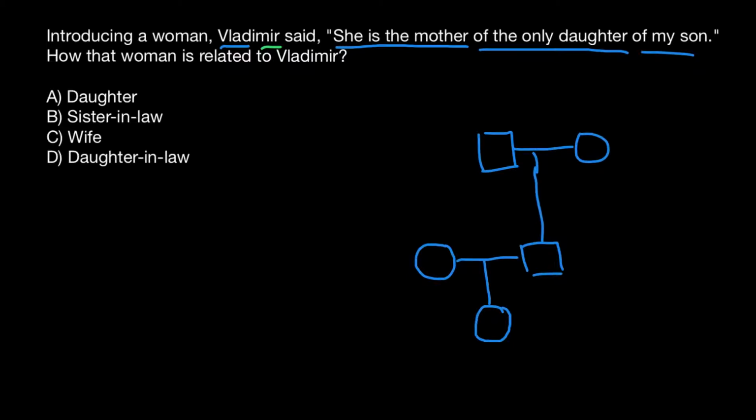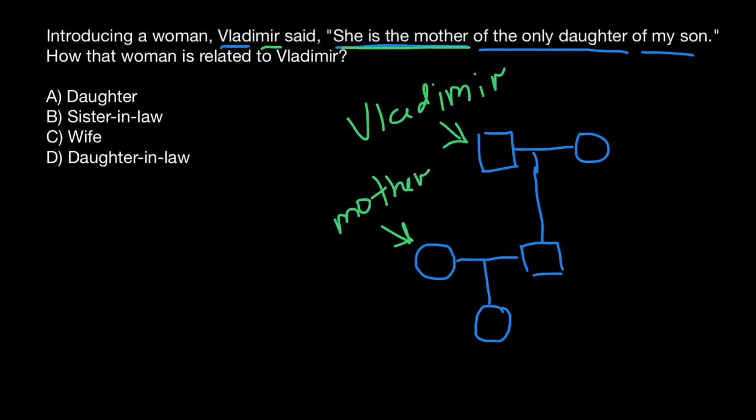So here is Vladimir, and this is the mother of the child. She is the mother of the only daughter of my son, and he is the son of Vladimir.